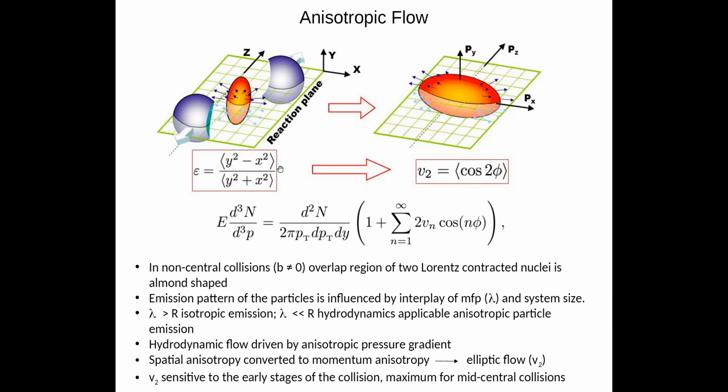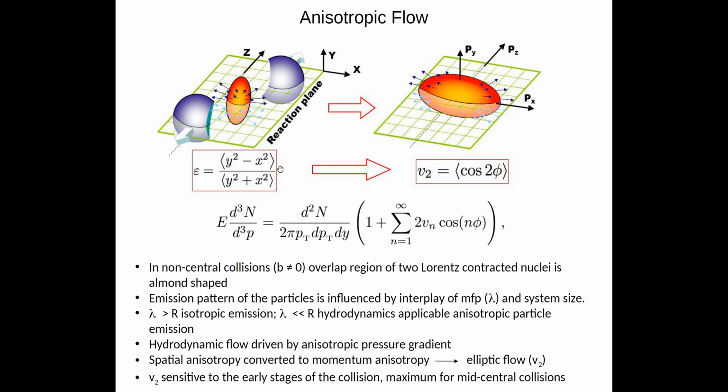So spatial anisotropy is a necessary condition, but it is not a sufficient condition to have the V2. In addition to the anisotropy in the coordinate space, you also have to have the anisotropic pressure gradient. And the pressure itself can only be established when your local thermodynamic equilibrium is achieved. And your local thermal equilibrium is achieved when you have a sufficient number of rescatterings among the constituents of the medium.